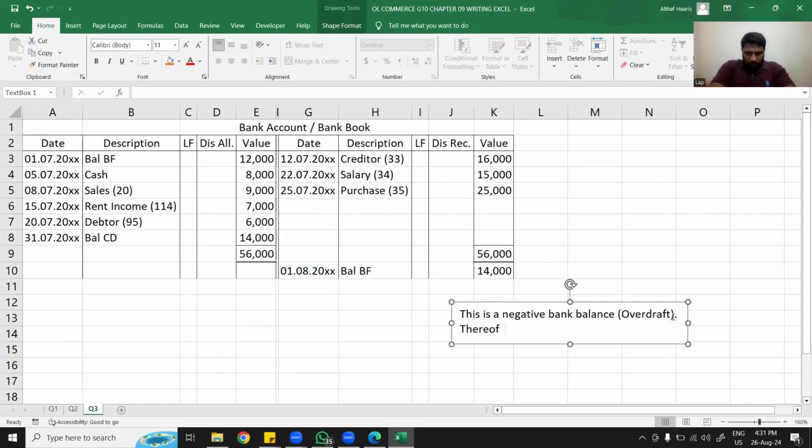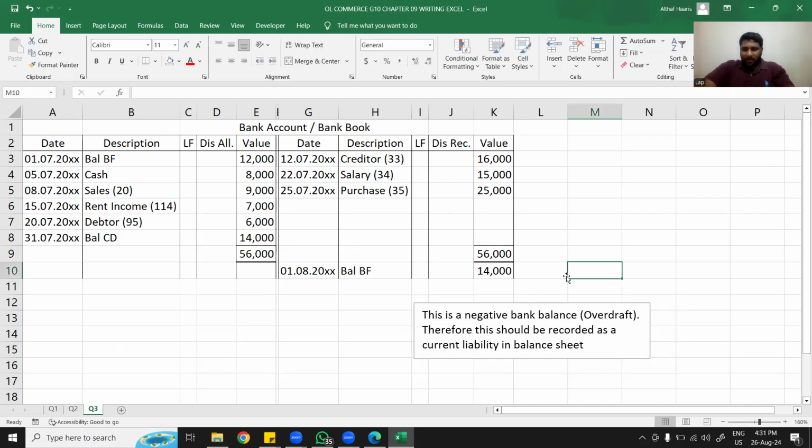Therefore, this should be recorded as a current liability in the balance sheet. Later we'll be learning what this balance sheet is, people. For the time being, just write and keep that note.